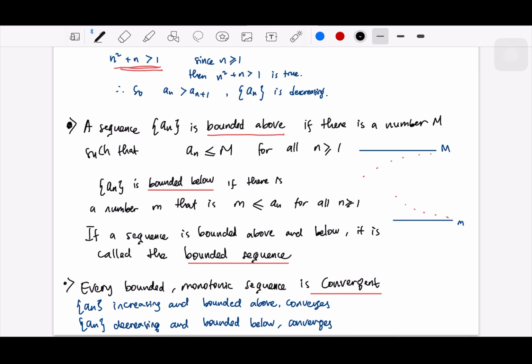Let me repeat that our quiz will be on Thursday. Okay. On Thursday, and today I will go on finishing chapter 11. Hopefully, half of it we can finish by today.